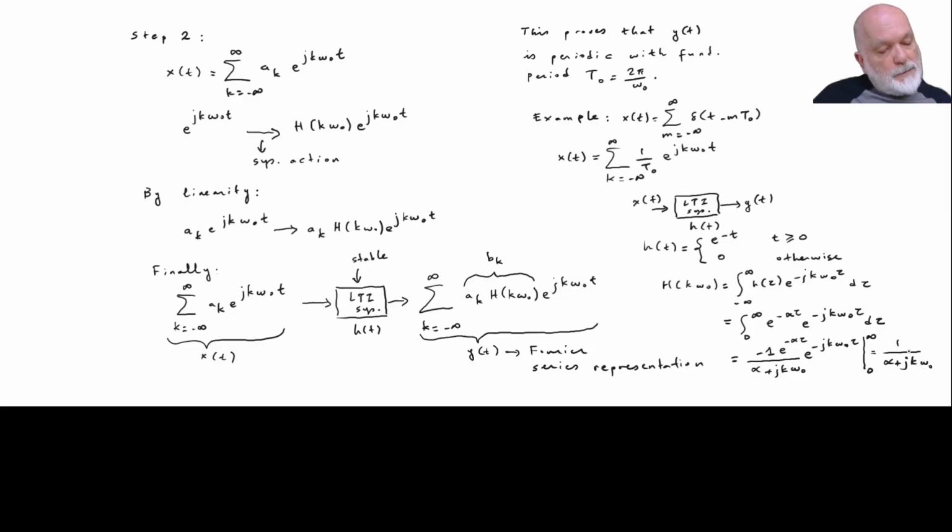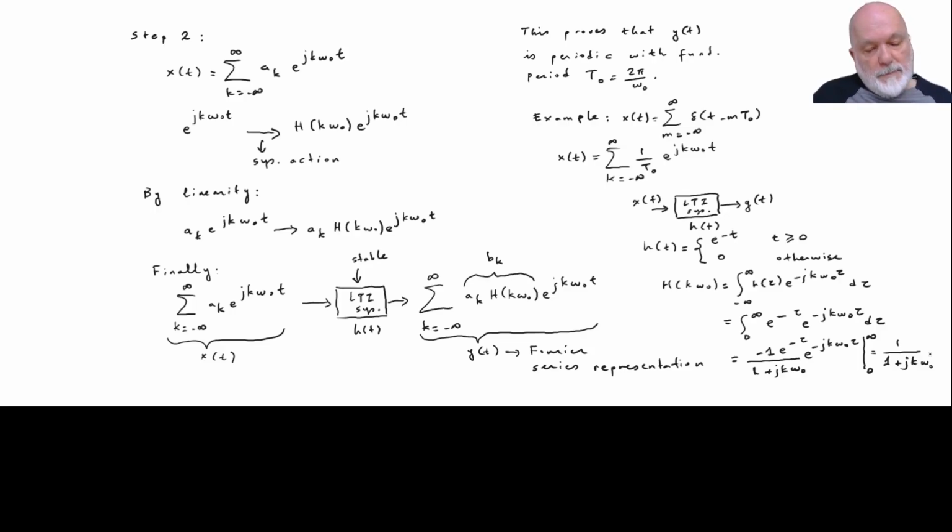Alpha is 1, sorry. So we can write this as e to minus tau. Okay, so first I thought that we have e to minus alpha tau. Okay, so all these alphas will be replaced by 1. And we have 1 here. So we have 1 plus j k omega 0.